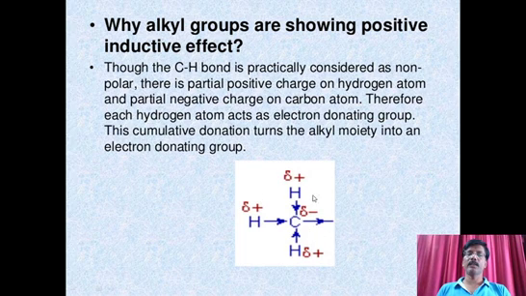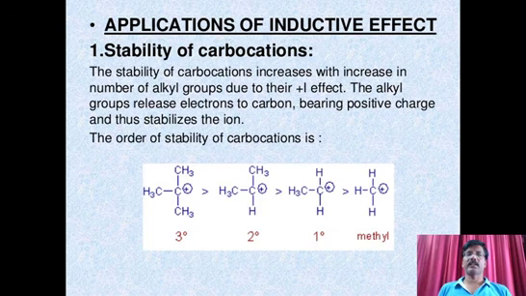Overall, the methyl group pushes the electron pair towards the other group. These three hydrogens, being less electronegative, push electrons towards carbon, and naturally this carbon pushes electrons to the other group. Therefore methyl groups or any alkyl group behave with a positive inductive effect. They exhibit that.